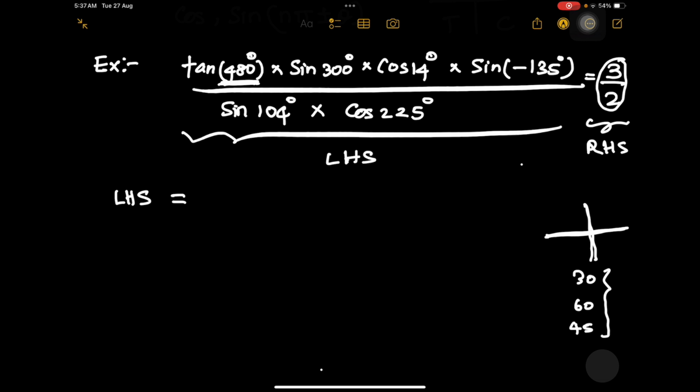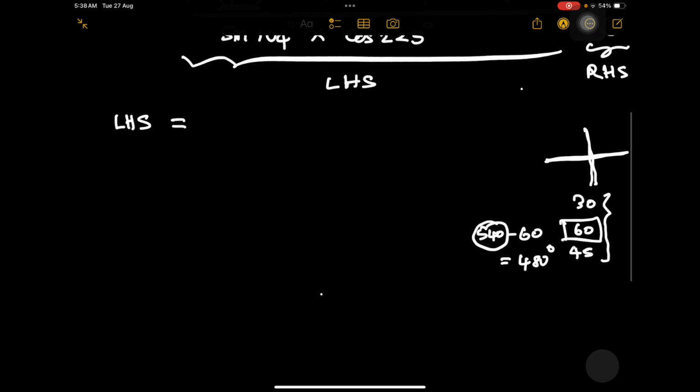So in this case we take 60 degree, because 540 minus 60 is 480. So I chose 540. What about if you change this into radians? 540 is going to be 3 pi. 3 pi is the radian value of 540.